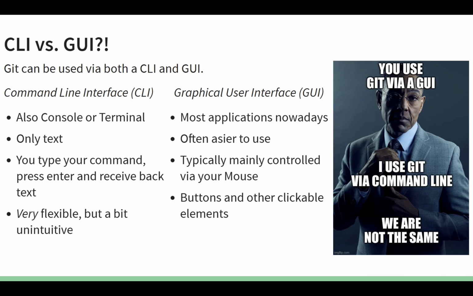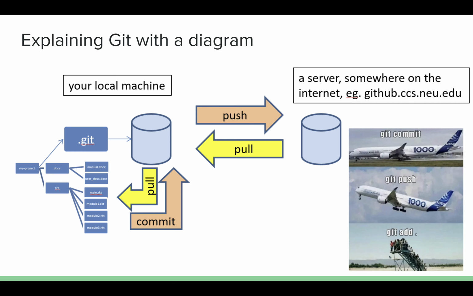Okay. Now, this was all why we use Git. Now I'm going to slightly shift gears into the technicalities of what Git is and how exactly it works. Beyond it just being a version control system, Git creates a sort of backup.